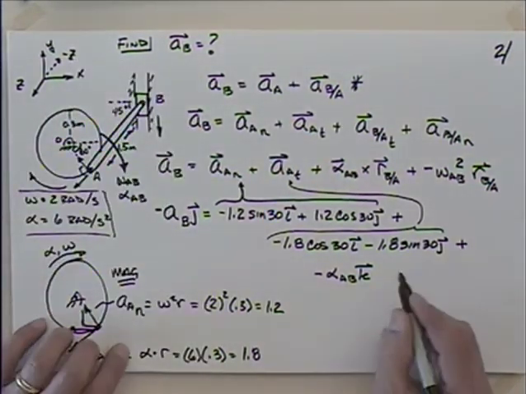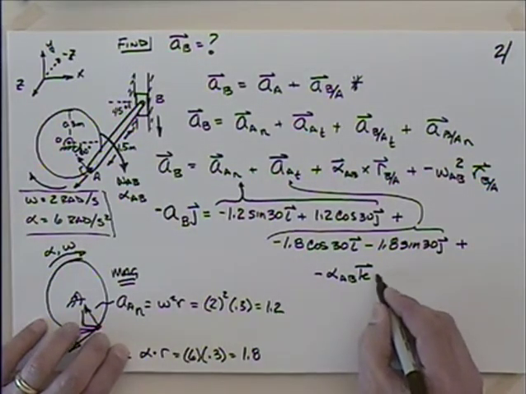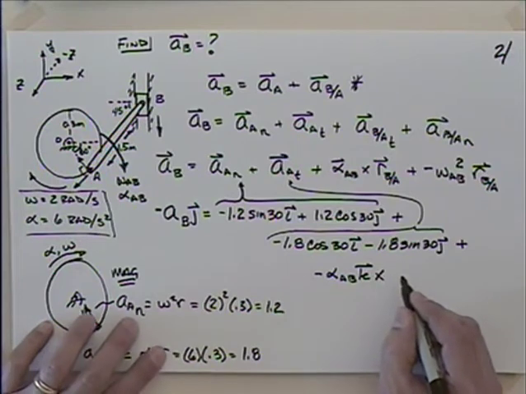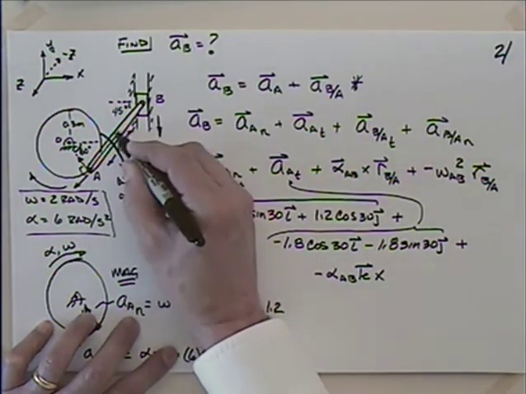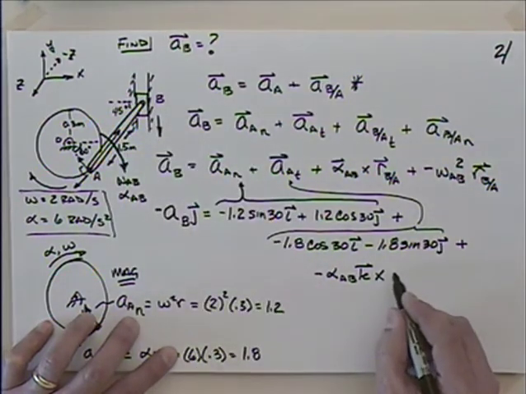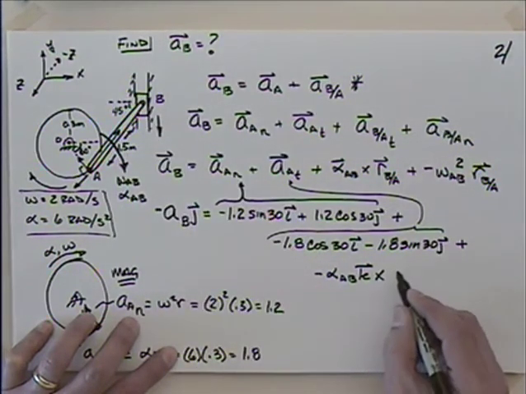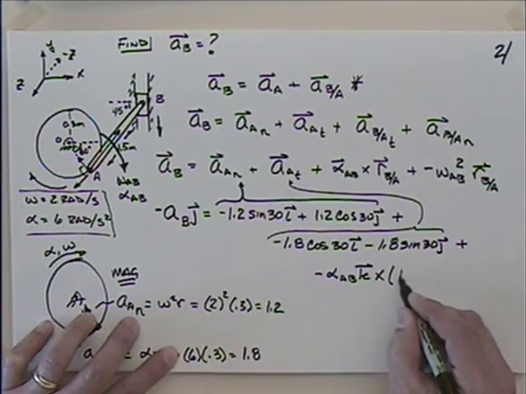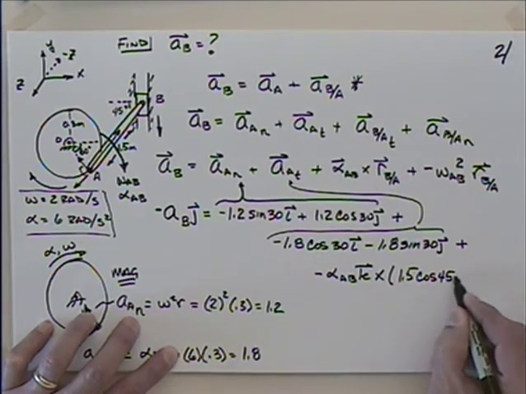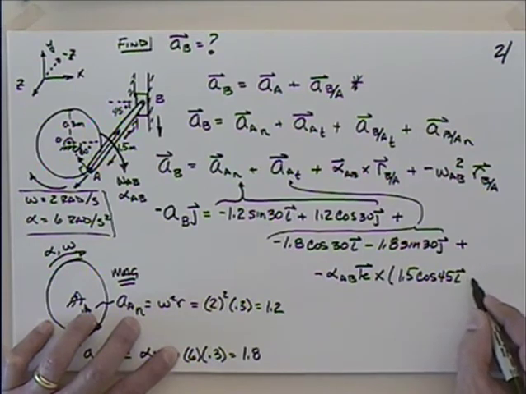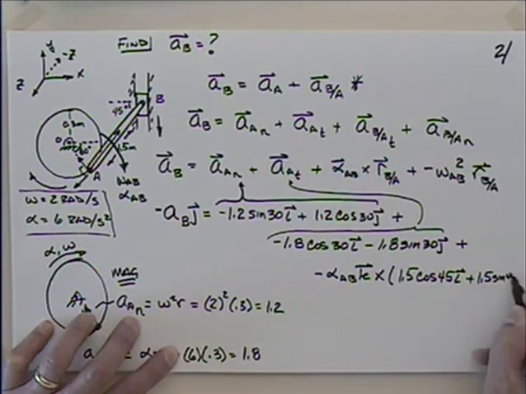Minus k. And what am I crossing that with? I'm crossing that with the r vector. So I need to get from A to B. That's the r vector up there, isn't it? So what's that? Well, it's 1.5 times the cosine of 45 in the i plus 1.5 times the sine of 45 in the j.